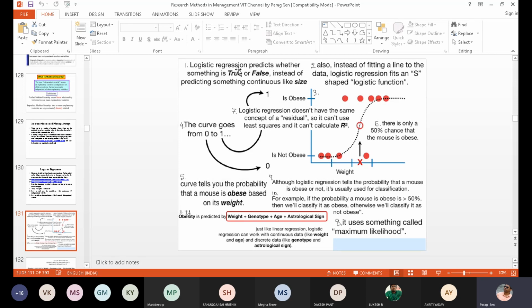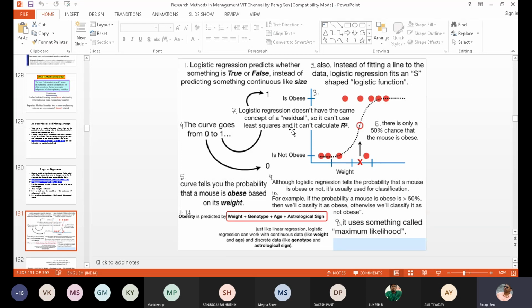So you won't be able to calculate the least squares, and you cannot find out the R square, the coefficient of determination, here.